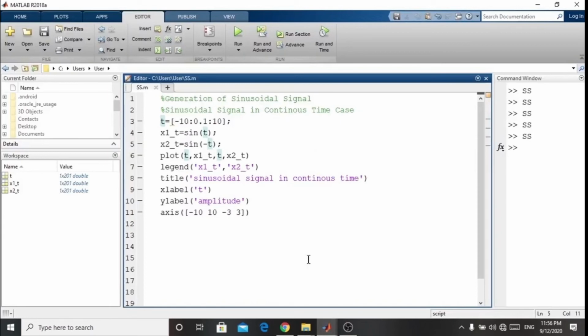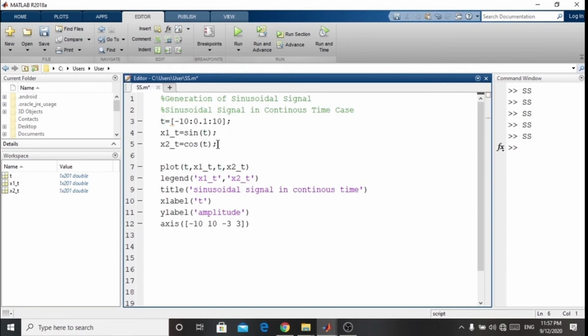Now let's do the signal addition operation and get its graph. For that x1 underscore t is equal to sine of t and x2 underscore t is equal to cos of t. Let's define x3 underscore t is equal to x1 underscore t plus x2 underscore t, and in the plot function let's include x3 underscore t also.